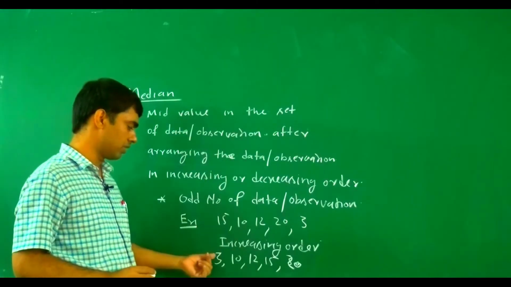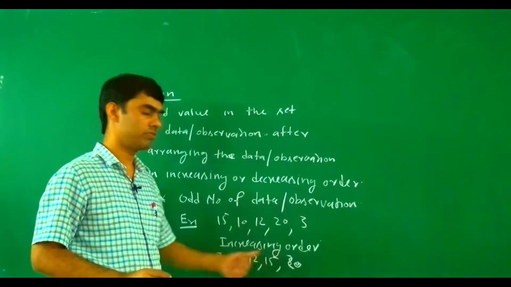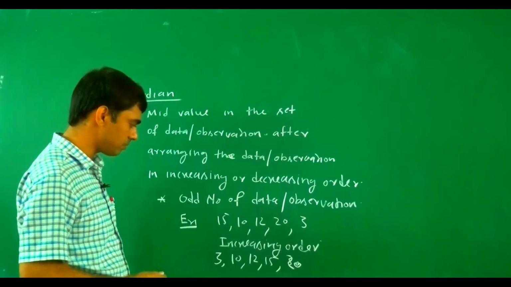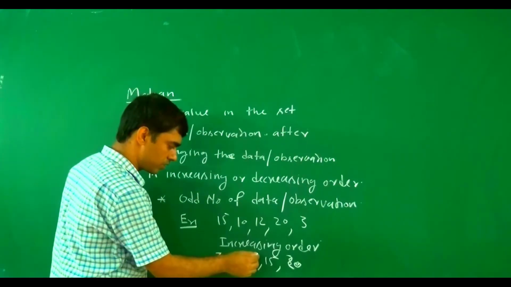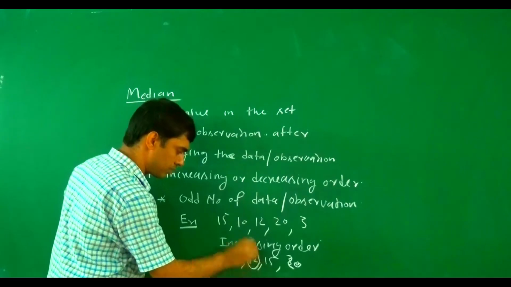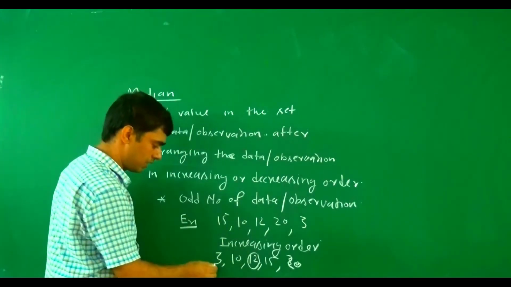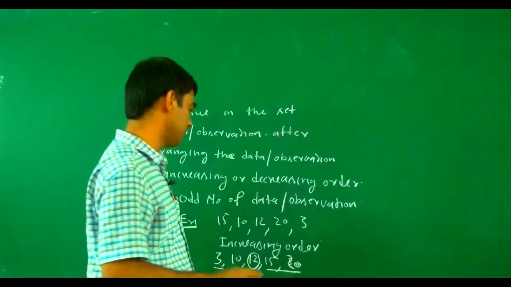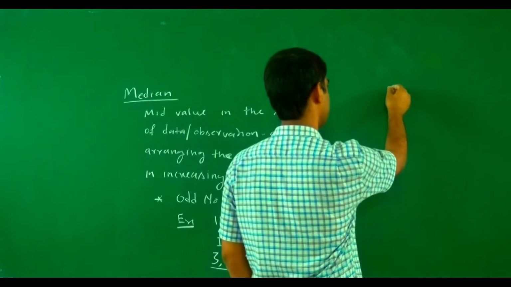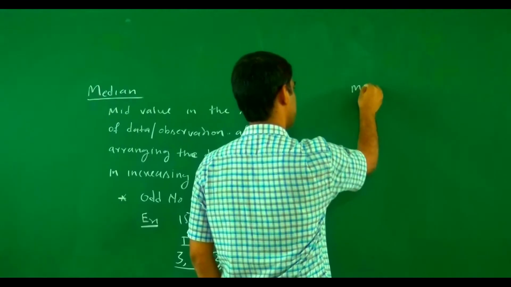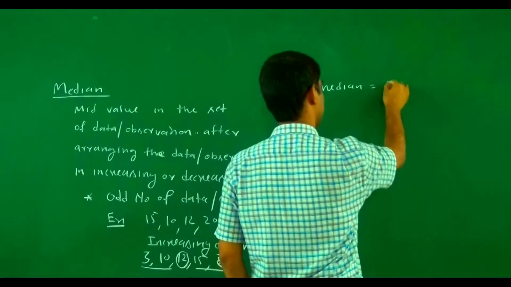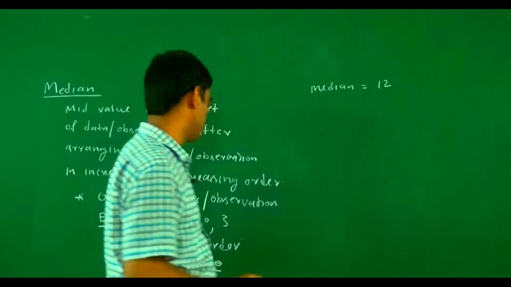How many data are there? 1, 2, 3, 4 and 5. So what is the middle value? This one is the middle value. Here there are 2 data on each side. So the median becomes 12.